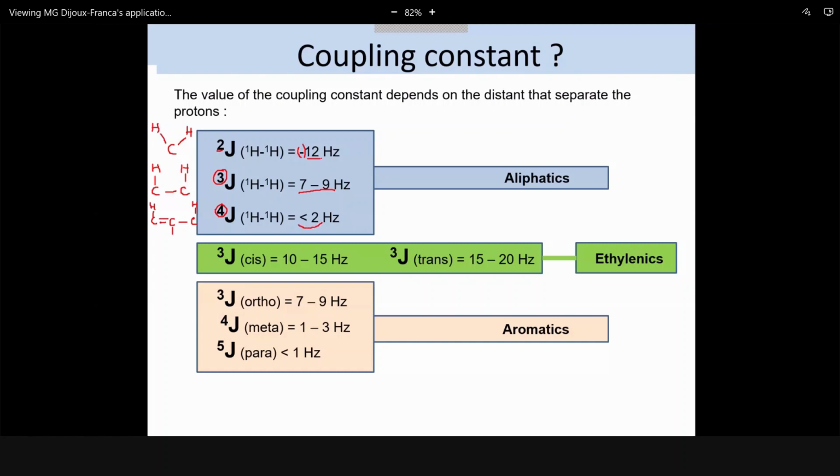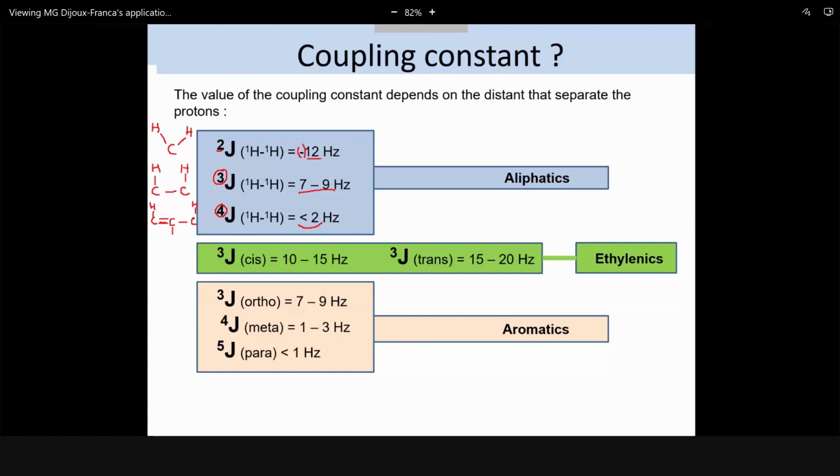It's less than 2 Hertz because the protons are far away from one another. And this coupling is observed because of the presence of the double bond here. We'll see that later.